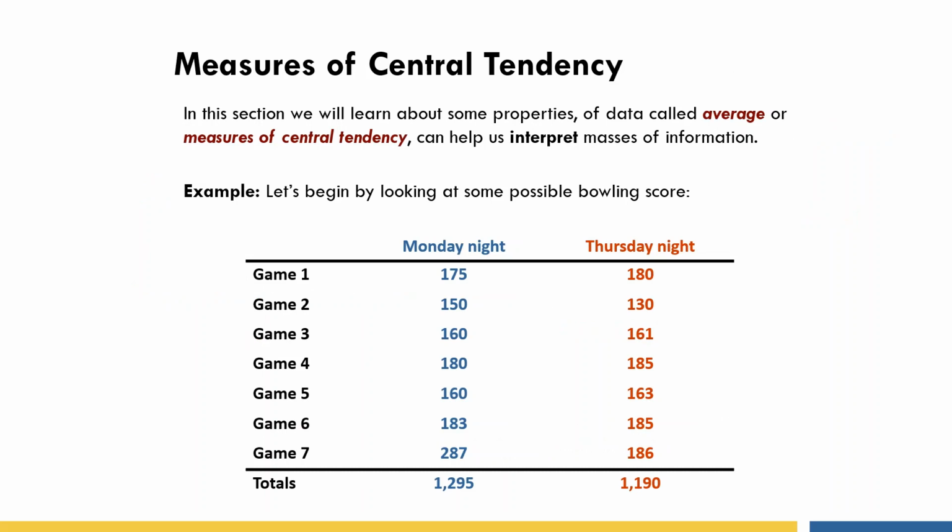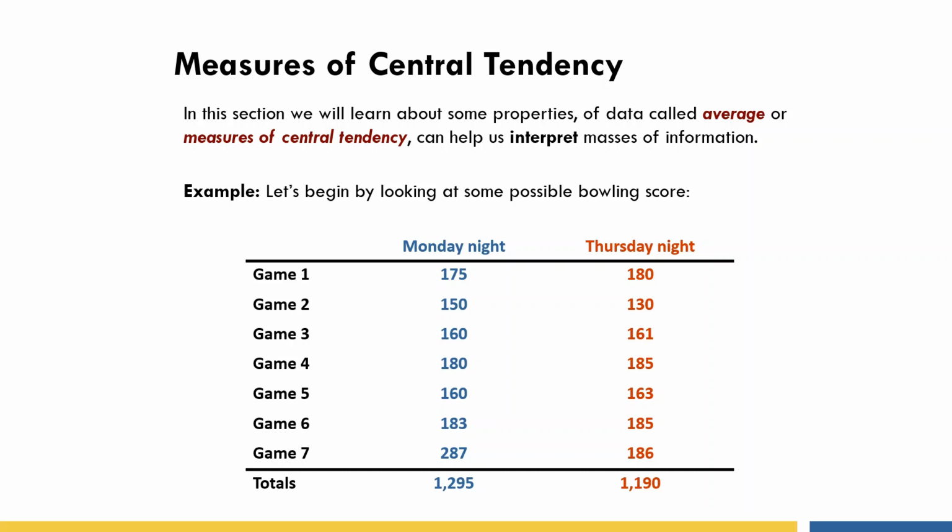All right, so when you have a frequency distribution, you have to measure the center of tendency, so we will be able to interpret the data. Let's look at this data as possible bowling scores.